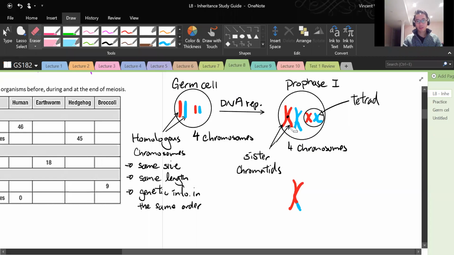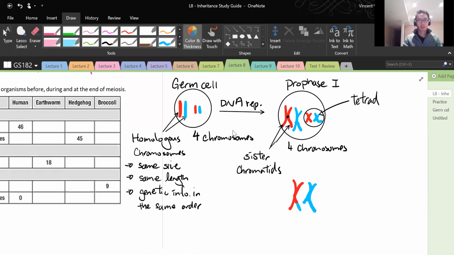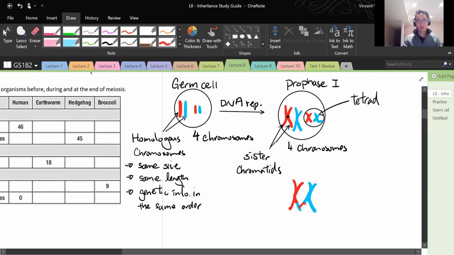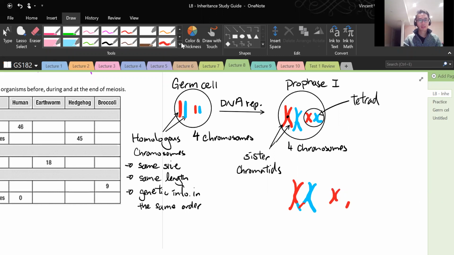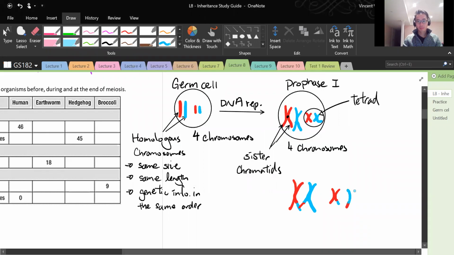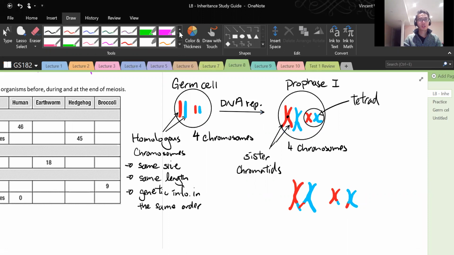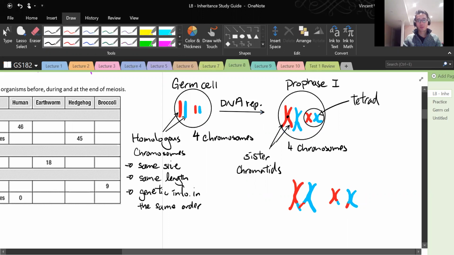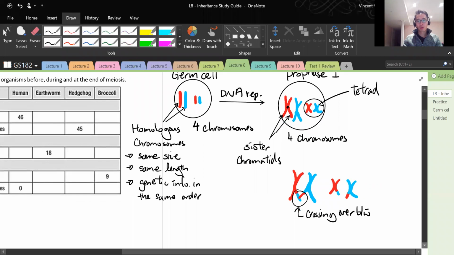So a little bit of the blue will go to the red, and a little bit of the red will go to the blue. Okay, like this. Okay. Same thing for the small one. Okay, so this is called genetic recombination. Okay, so crossing over between homologous chromosomes.